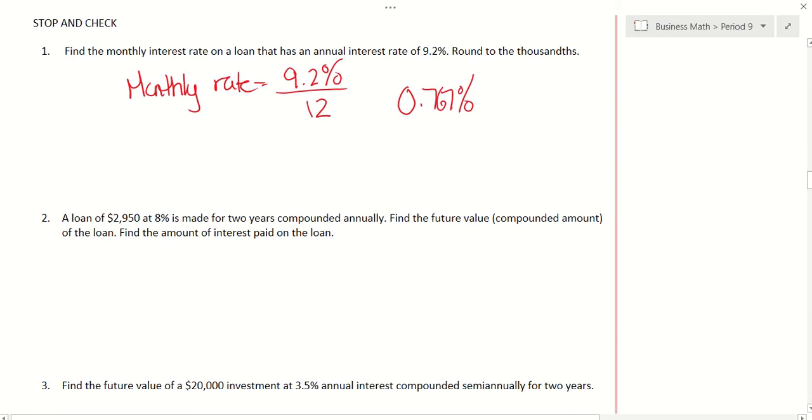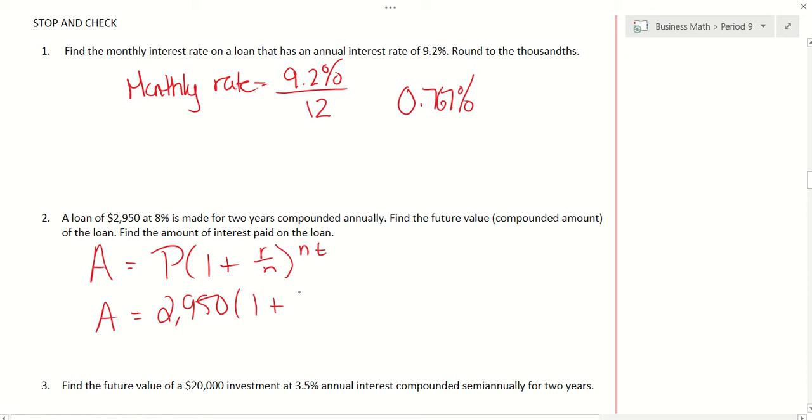Okay, now we're going to use our new formula. A equals P(1 + r/n)^(nt). So what is it? Principal 2,950. 1 plus rate 0.08 over compounded annually once. So that's a 1. To the 1 times t, it says 2 years.